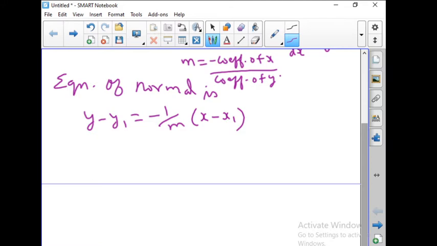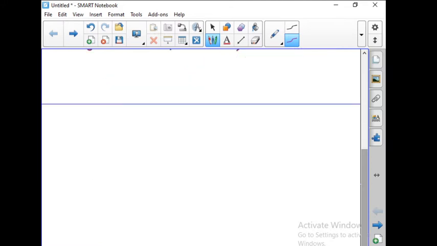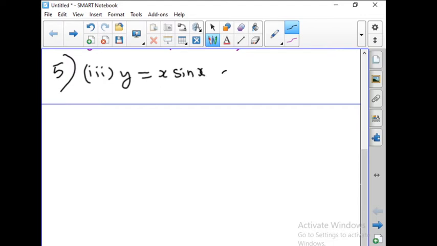So, now we will do the fifth question. Find the tangent and normal to the following curves at the given points on the curve. So first we will do the third subdivision: y is equal to x sin x at pi by 2 comma pi by 2.